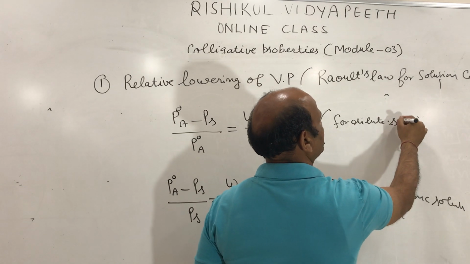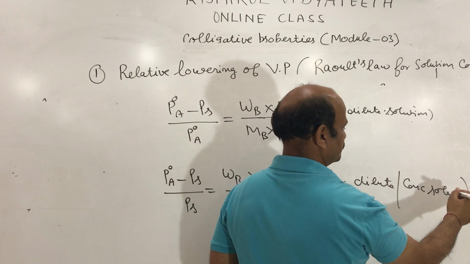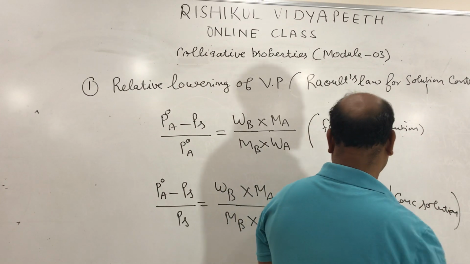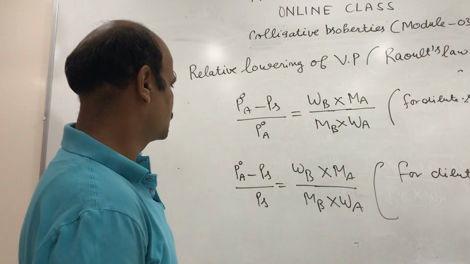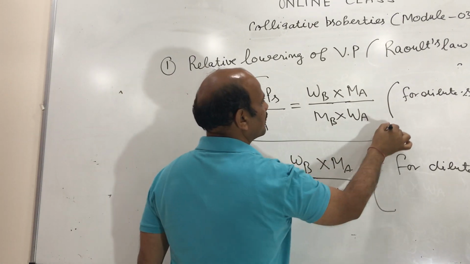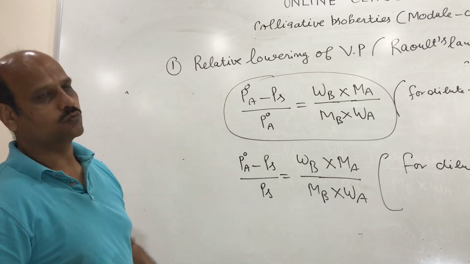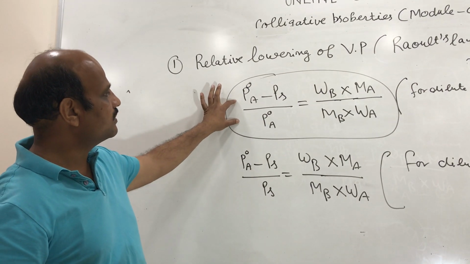Both kinds of problems can be solved from this formula. But generally in our NCERT book, all numericals are done by the earlier formula. That is why we will use it.